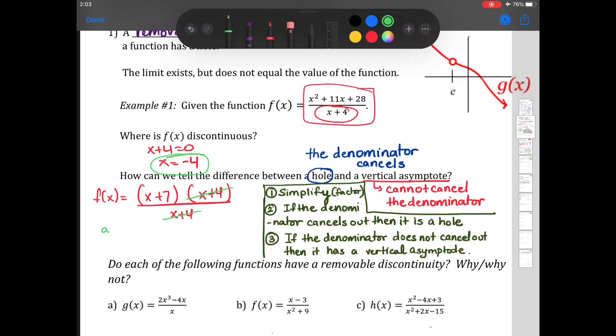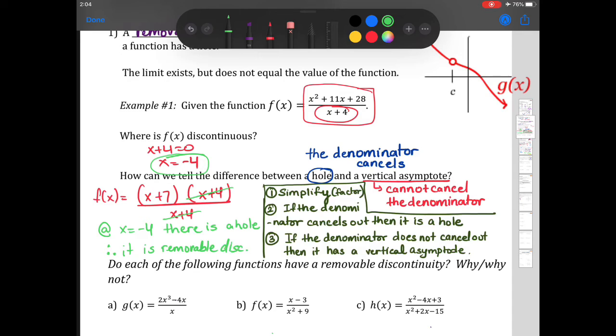So at x equals -4, let's write this down. There is a hole. Therefore, what kind of discontinuity is it? It is removable discontinuity. I'm just going to abbreviate it.